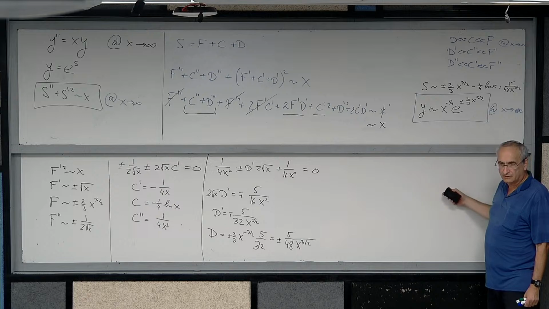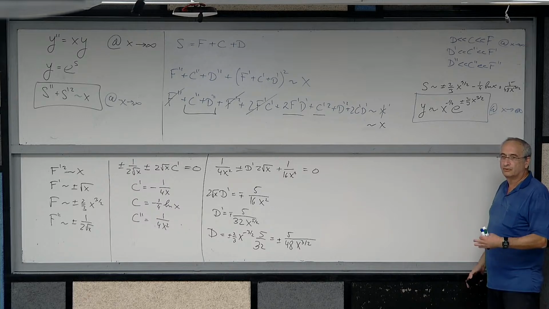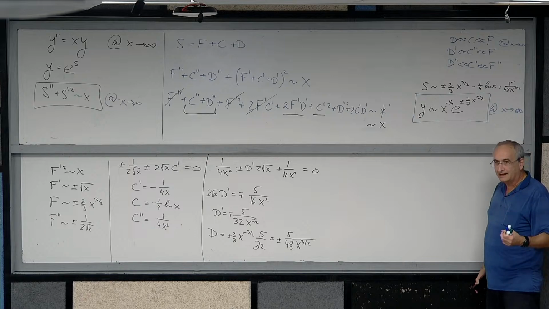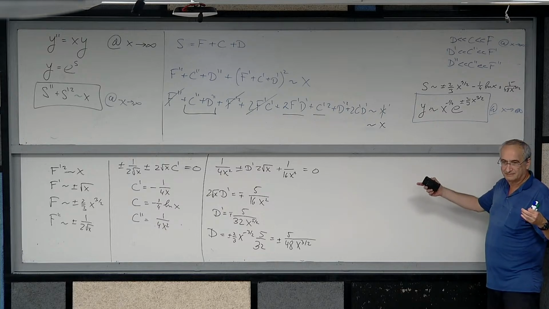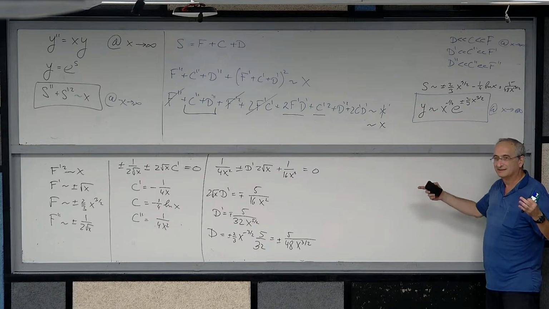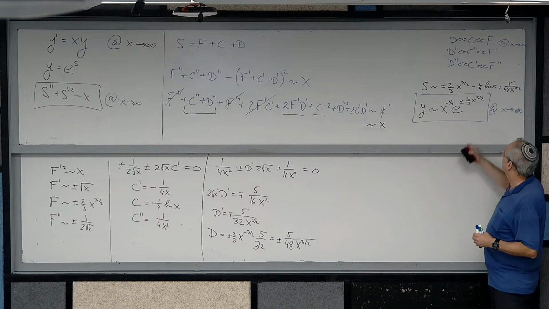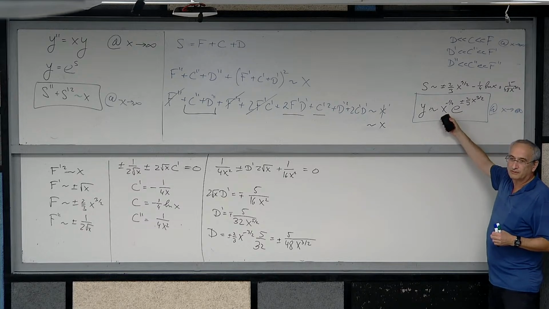We have a Taylor series converging for every x. But if you want to find the right number at x equals 5, say, you have to take like 30 terms. I don't remember how many, but something like that. I mean, 10 terms. Here, this is a very good approximation from infinity down to 1.